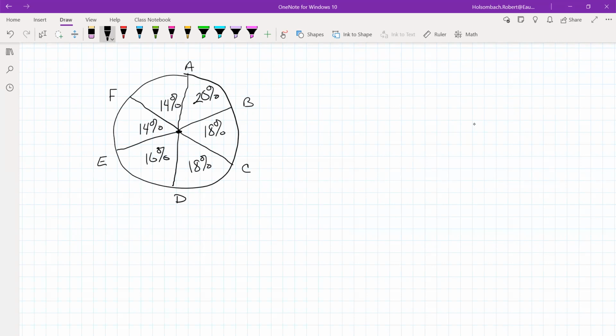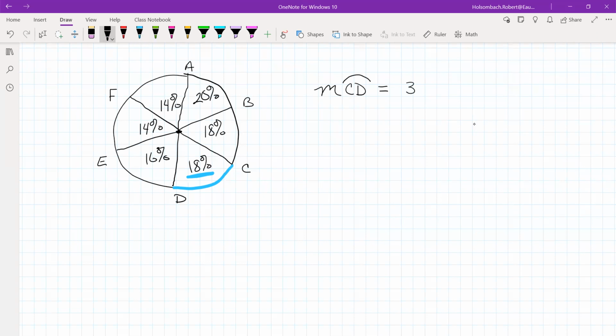Now, we're looking for the measure of arc CD. All right, C to D is right here. It takes up 18% of the circle. All the way around the circle is 360 degrees, isn't it? So we need 18% of 360.